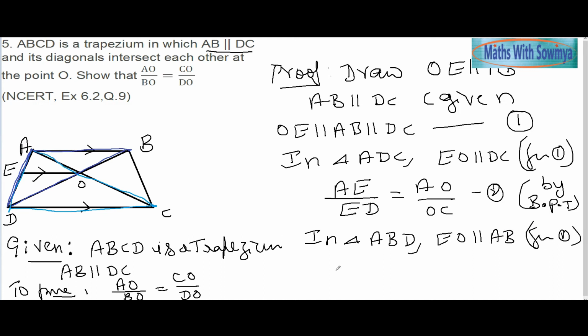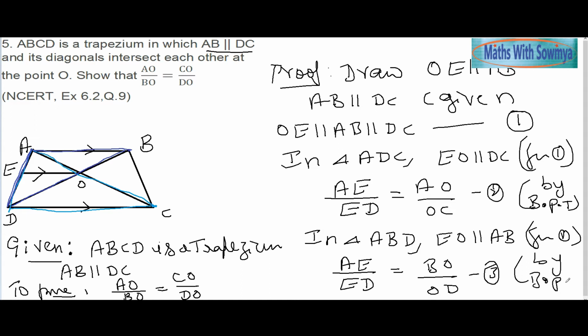Now again by BPT I will say AE by ED is equal to BO by OD, by BPT. So now you understood how important BPT is and we can use it in many places. I'll clear this here. Let's continue.